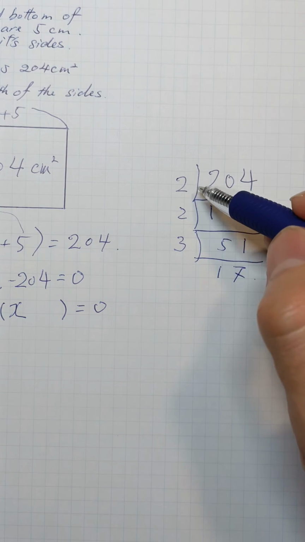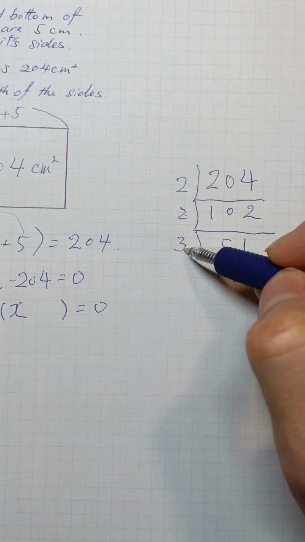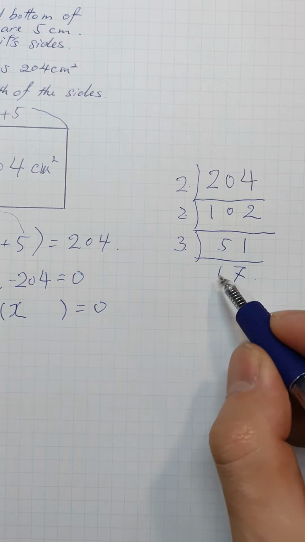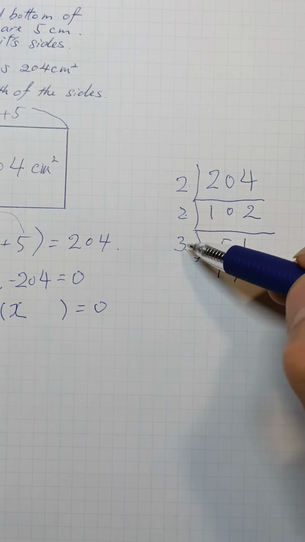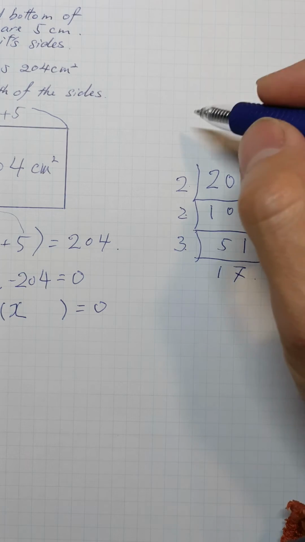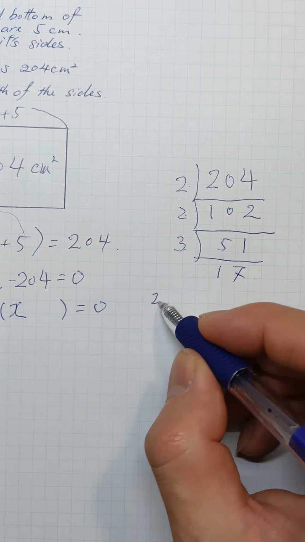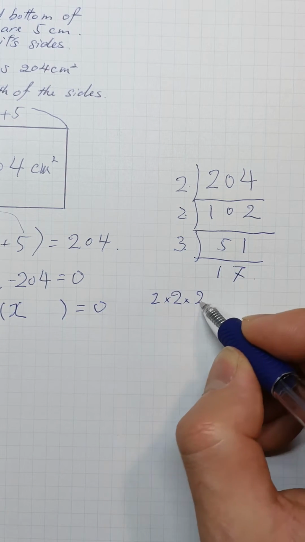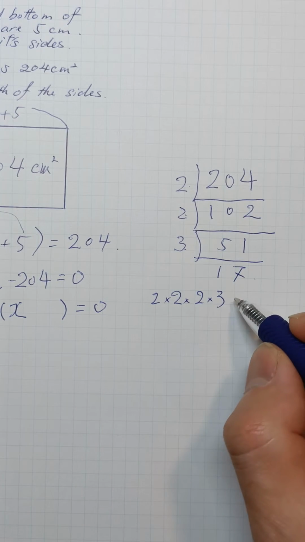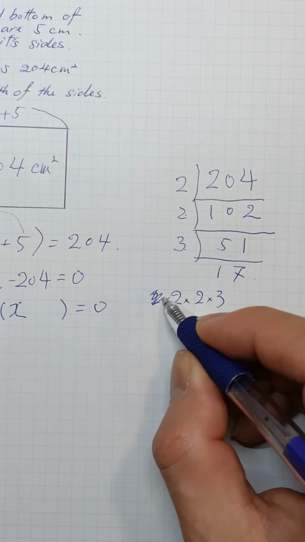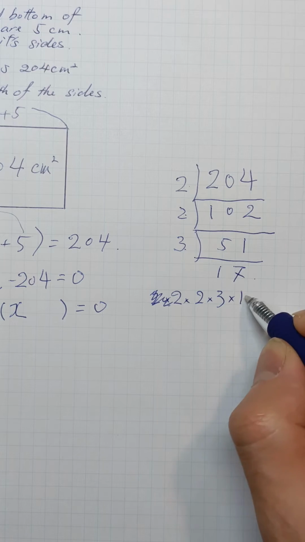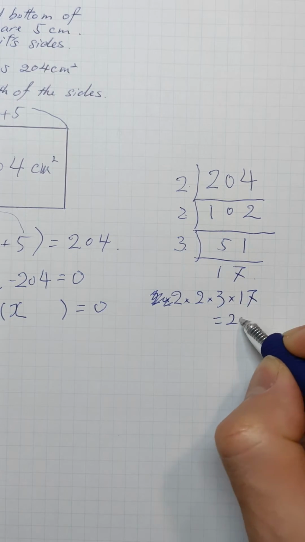Which means 2 times 2 times 2 times 3 times 17 gives 204. 17 is a prime number, so I stopped. 3 times 17 is 204.